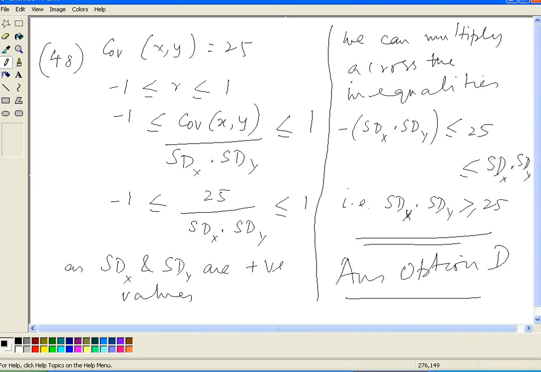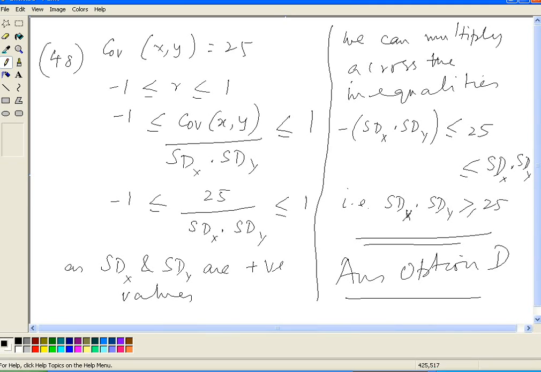So when we substitute for correlation coefficient as covariance of x comma y by standard deviation of x into standard deviation of y, we have minus 1 less than or equal to 25 by SDx into SDy, less than or equal to 1.